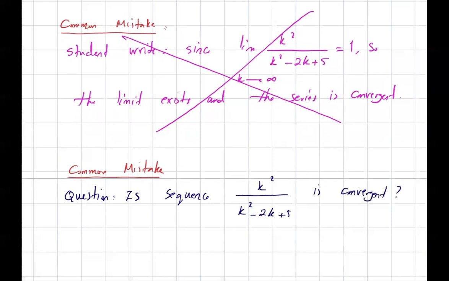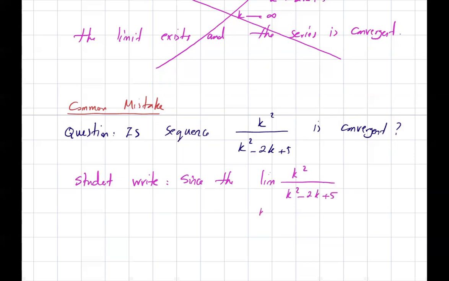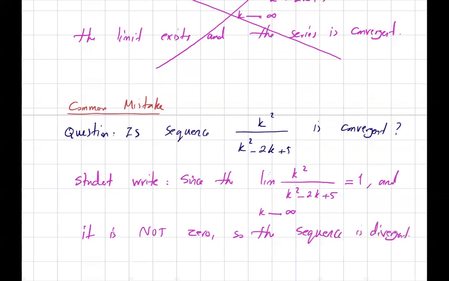The question is about a sequence, and then a student writes, since the limit of k squared divided by k squared minus 2k plus 5 as k goes to infinity is equal to 1, and it is not 0, so the sequence is divergent. It's another common mistake that we see on the exam, everyone.